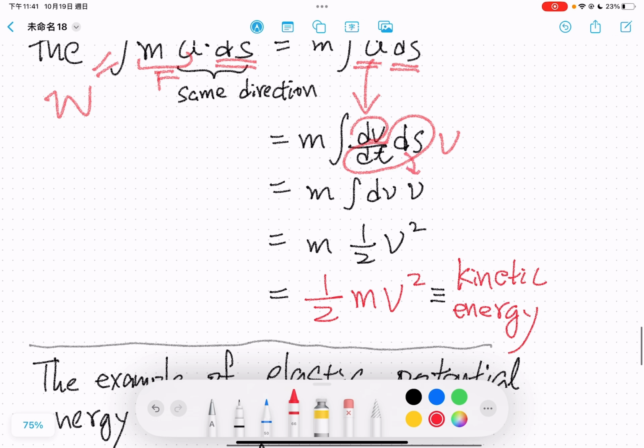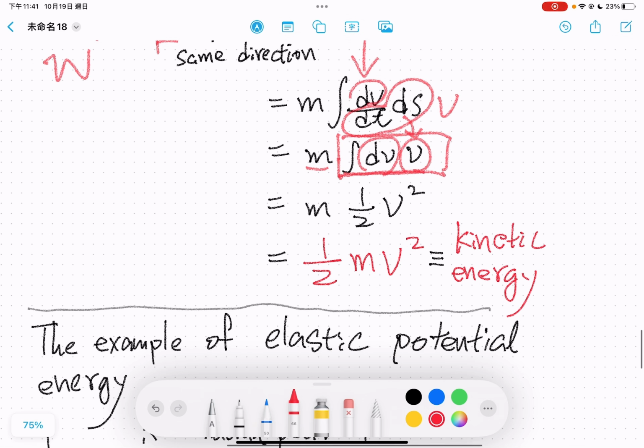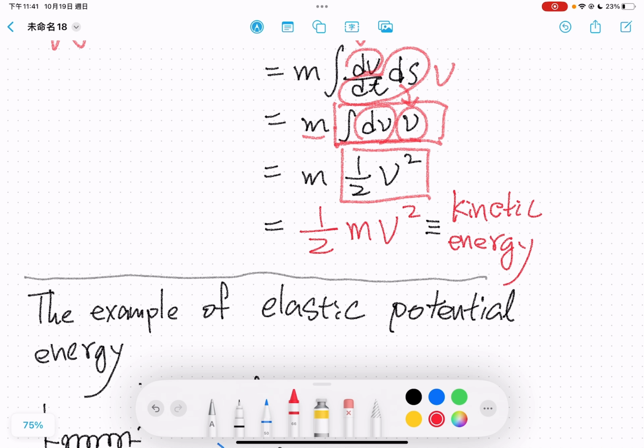So finally we got the mass times the integration of the velocity dv. Then we integrate this formula, and we get half v squared. Then this gives us half times the mass times the velocity squared, and this is the kinetic energy. So that's the reason the kinetic energy is half multiplied with the mass times v squared.